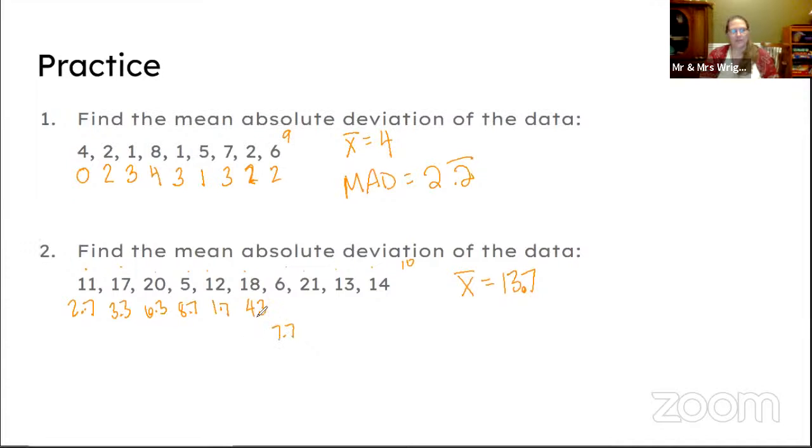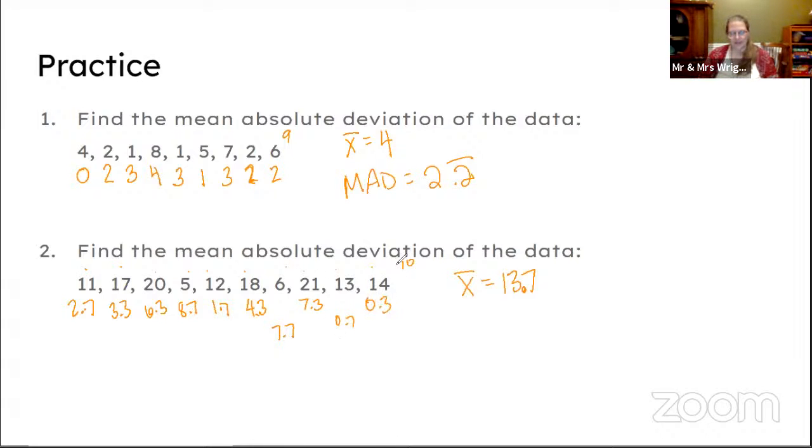I'm going to put that down here so I can have more room. 21 minus 13.7, 7.3. 13.7 minus 13 is 0.7. 14 minus 13.7 is going to be 0.3.